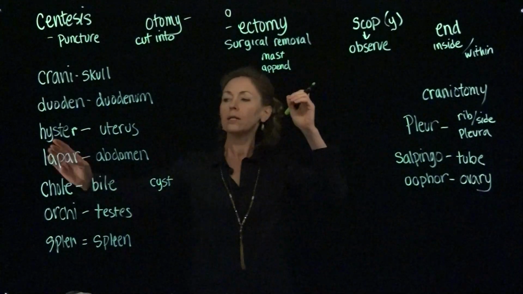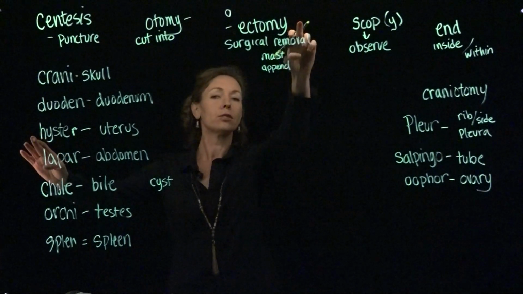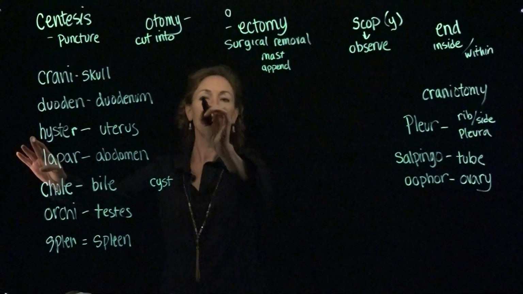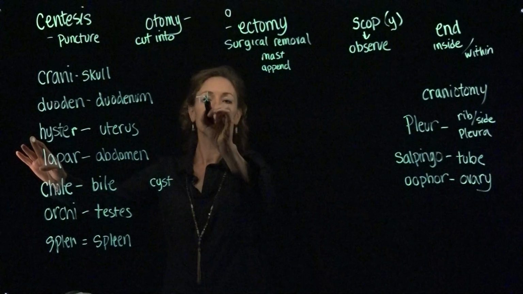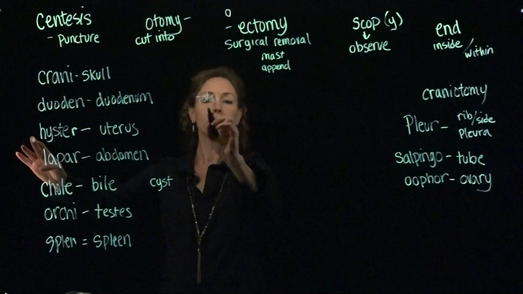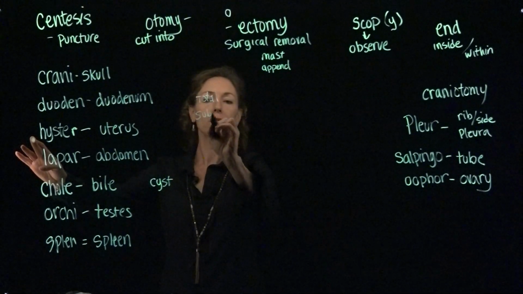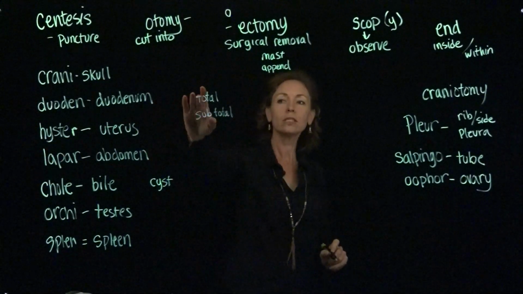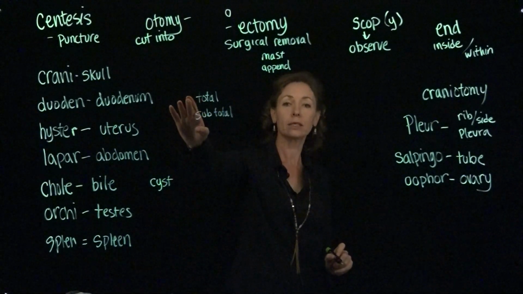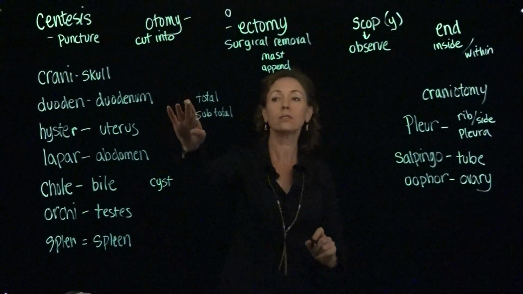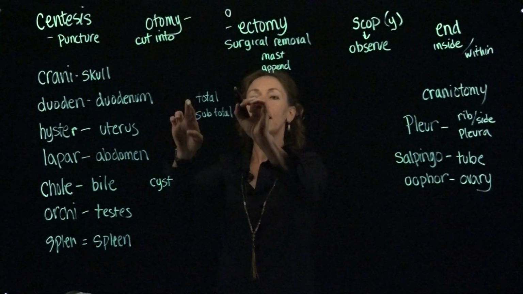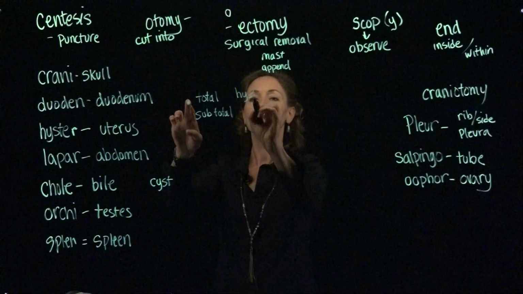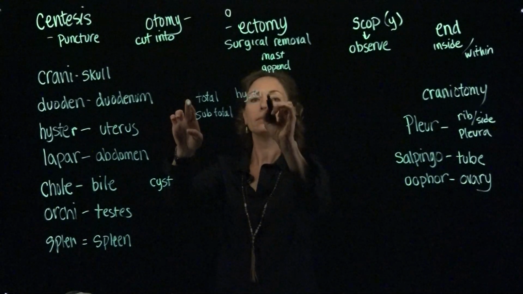So when your patient goes to have a hysterectomy, they can have a total hysterectomy or a subtotal hysterectomy. Usually somebody has a total hysterectomy. And when they have a total hysterectomy, it's really not just the hysterectomy.